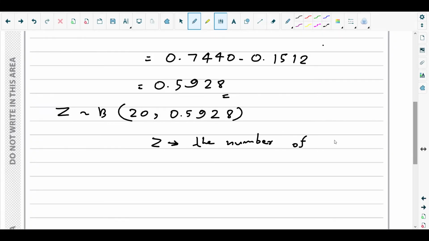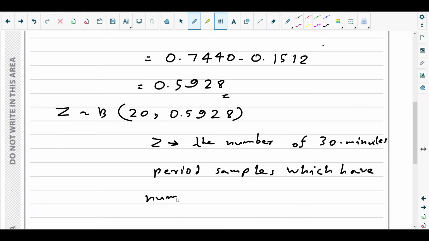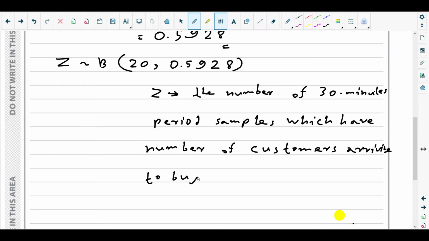The number of 30-minute period samples which have a number of customers arriving to buy tires between 4 and 7 inclusive.